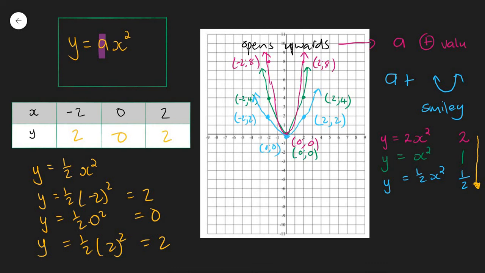That is what happens when we change a. If it is positive, the arms will always open upwards, and whether a is smaller or larger will influence how wide open these arms are. So the bigger the a, the narrower the arms. The smaller the a, the wider the arms. In our next video we're going to see what happens when we have a negative a.